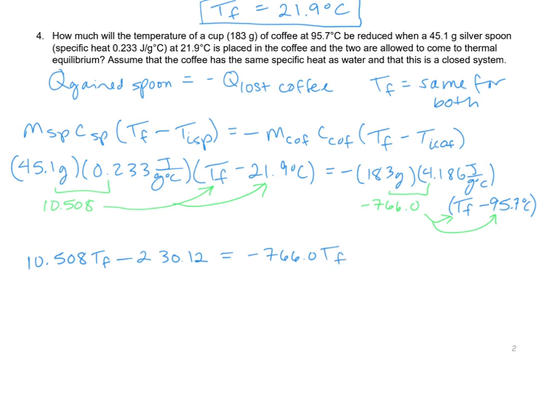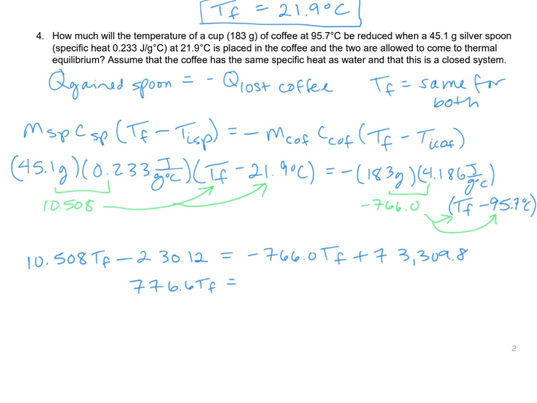And then negative times negative is a positive. So negative 766 times negative 95.7 ends up with positive 73,309.8. We will collect like terms. So 10.508 plus 766 TF, you end up with 776.6 TF.